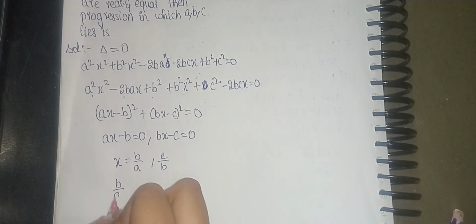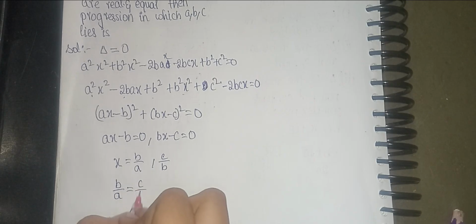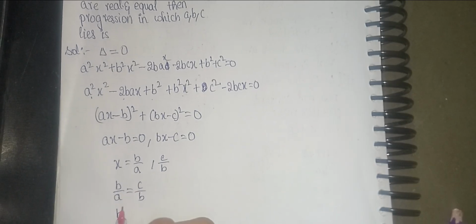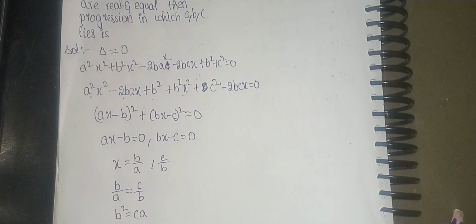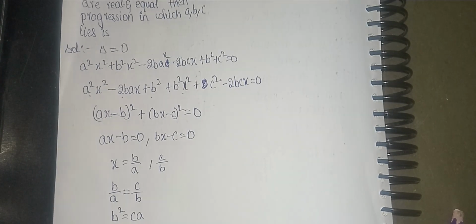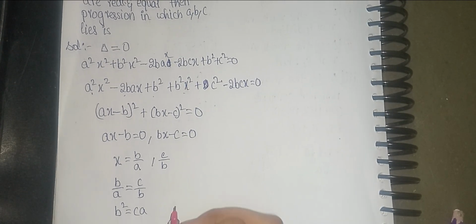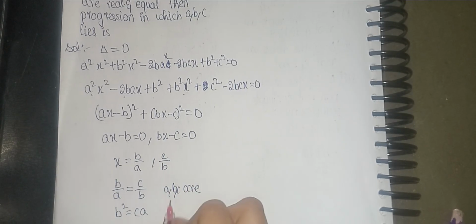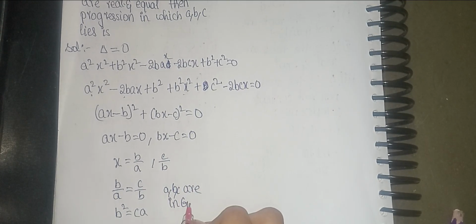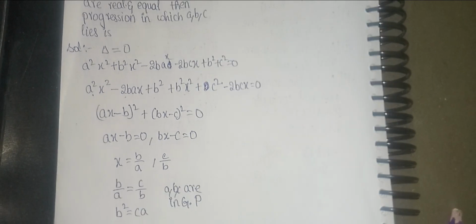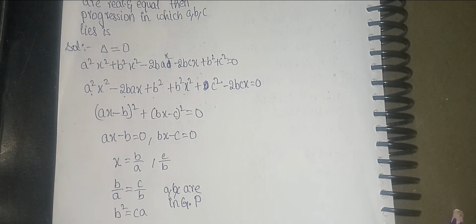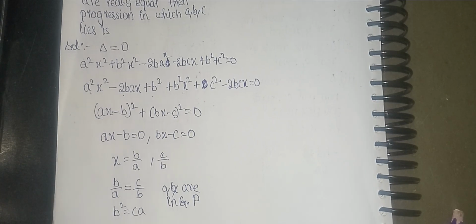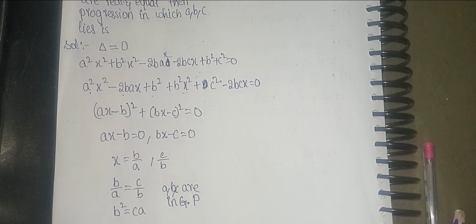Means b by a is equal to c by b. Means b square is equal to ca. Means a, b, c are in GP. Understood? If you have any doubts, post it and we'll move to next question.